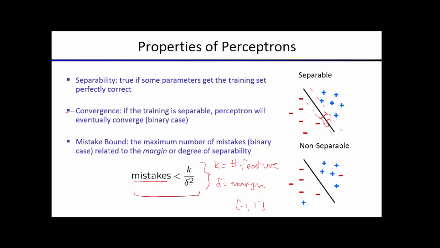If you don't want to make that assumption, then K turns out to be equal to the radius squared of the sphere that encapsulates all your data points.